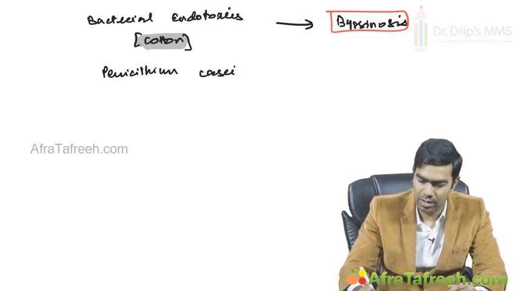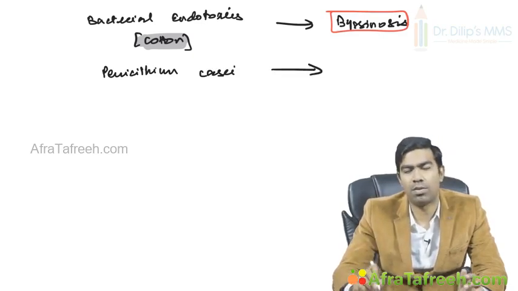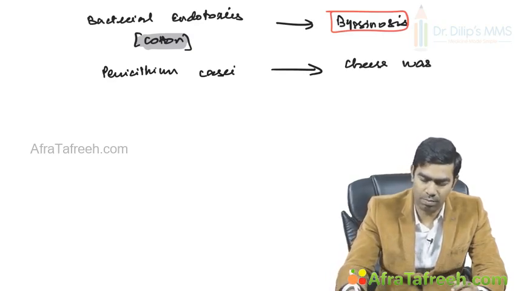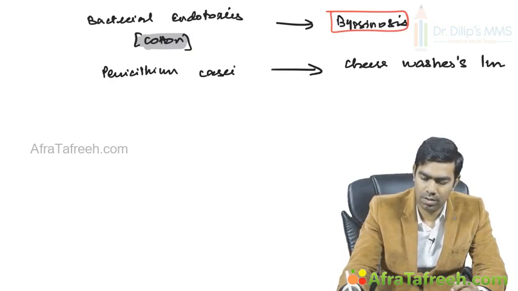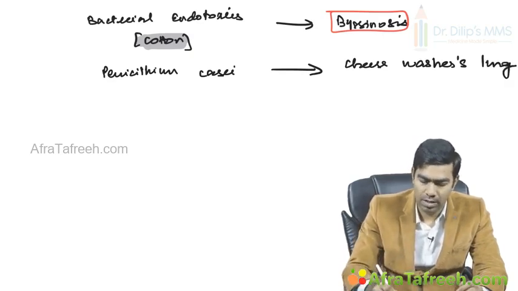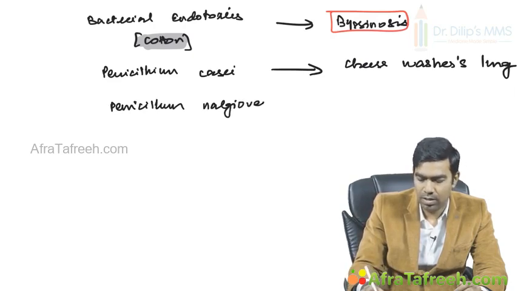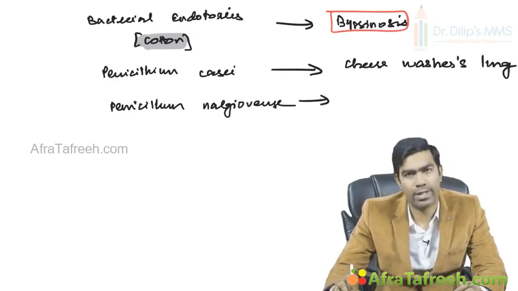casei. So this type of hypersensitivity pneumonitis we are going to call cheese washer's lung. Fine. Then you also get it with another Penicillium organism called Penicillium nalgiovense.